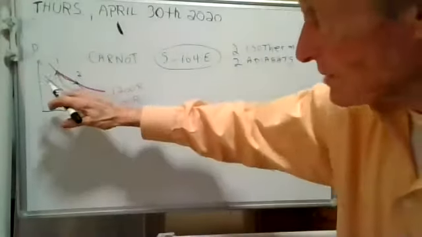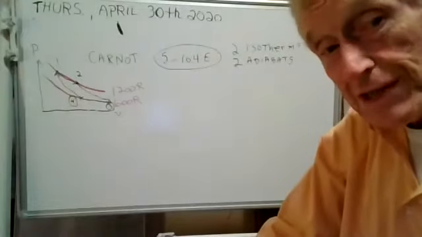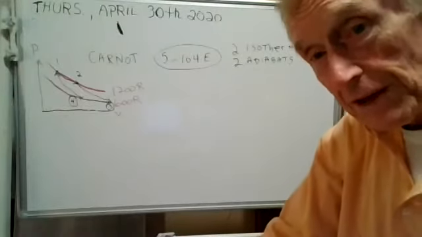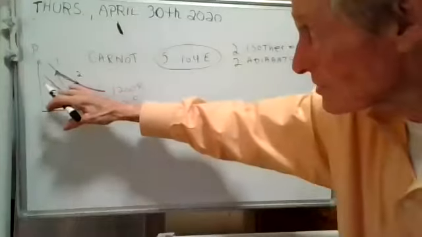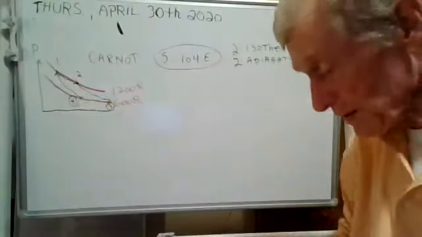You've got 2 adiabats. Remember, adiabats are steeper than isotherms. You can see they're steeper. Here's your isotherms. Here's your adiabats.